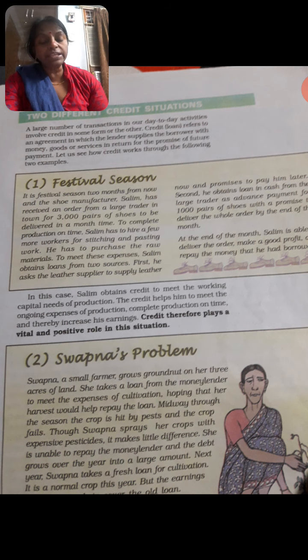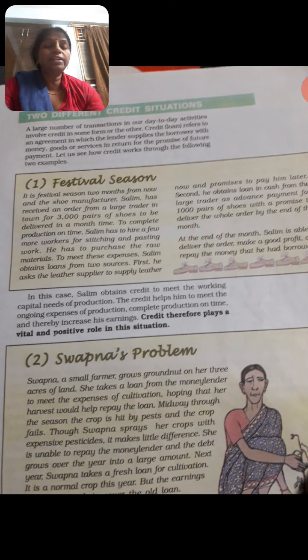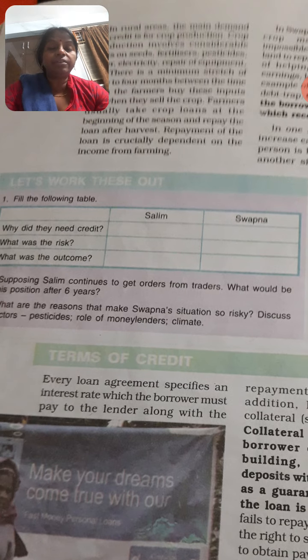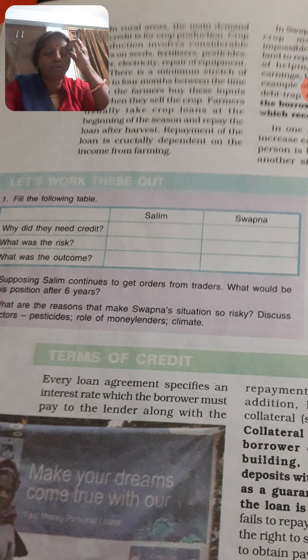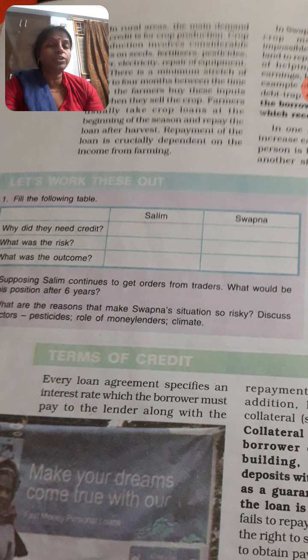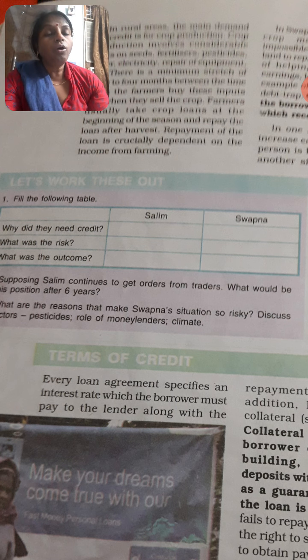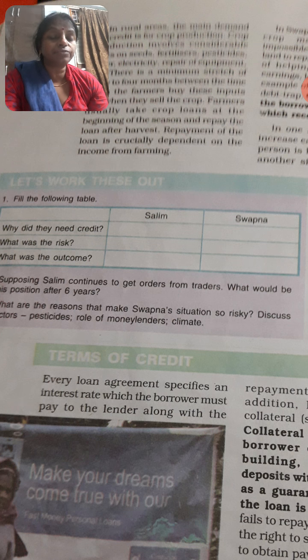So what we see in rural areas is that the main demand for credit is only for crop production, because we know that more than 60% of the village population do farming, or work as farm laborers.